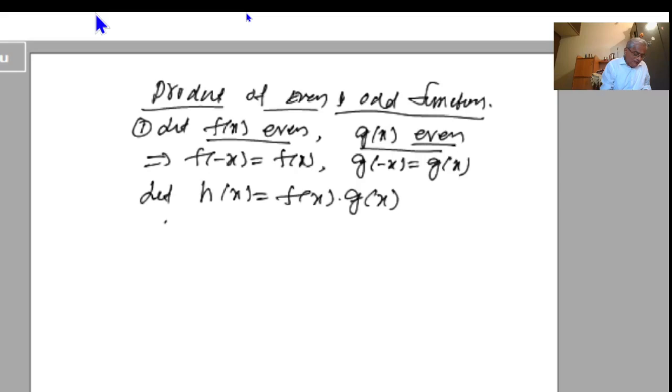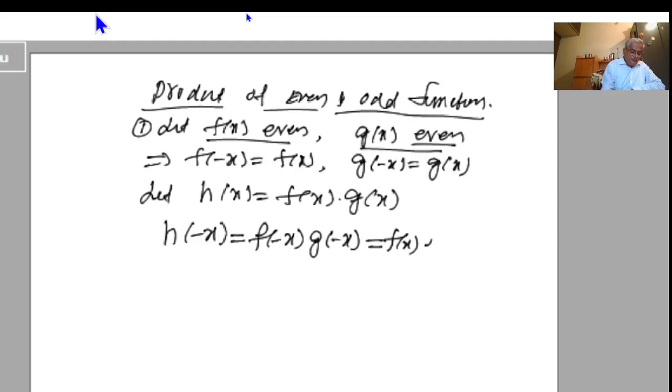Now if I replace x by -x, what I am getting here is h(-x) is equal to f(-x) times g(-x). This is equal to, f(-x) is f(x), g(-x) is g(x). So I am getting f(x) times g(x). This is nothing but h(x).